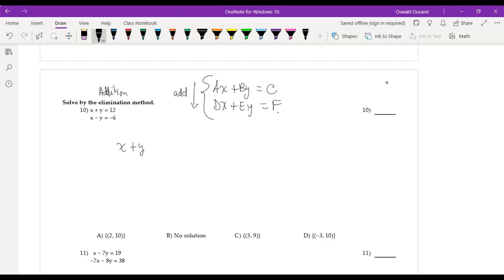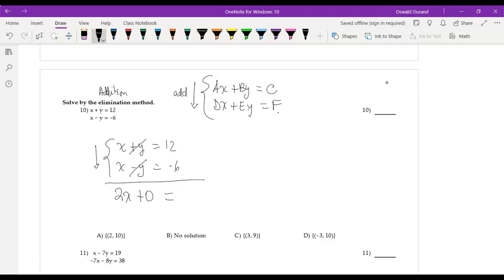So I'm just going to rewrite this, x plus y equal to 12 and x minus y equal to negative 6. If I'm adding vertically, I get x plus x, 2x, and then here, fortunately, the y terms cancel out because positive y plus negative y is equal to 0. It cancels out, and that's exactly what we want.